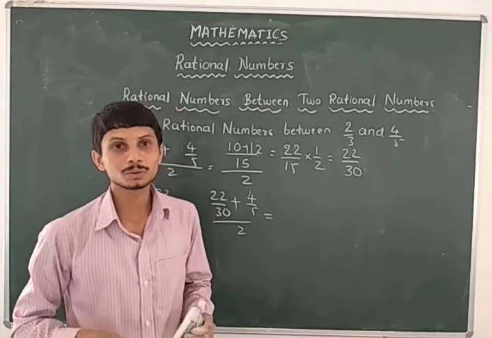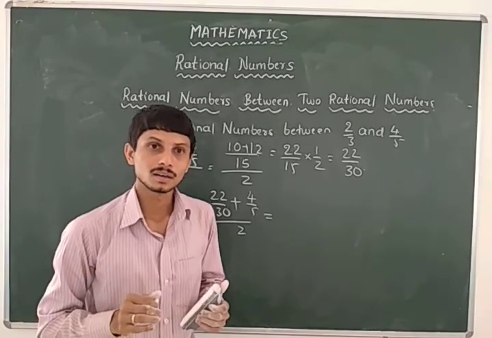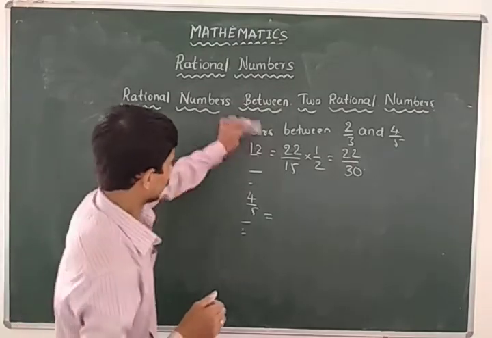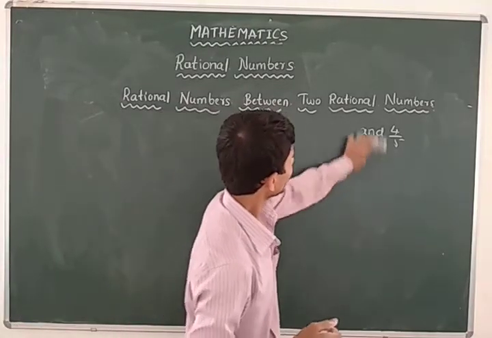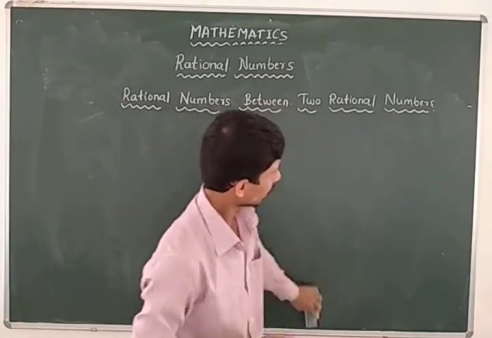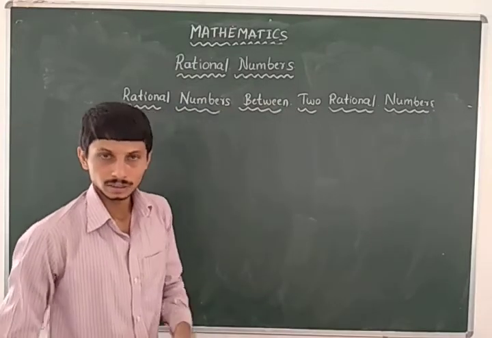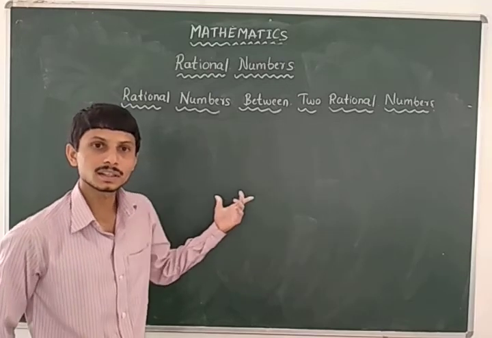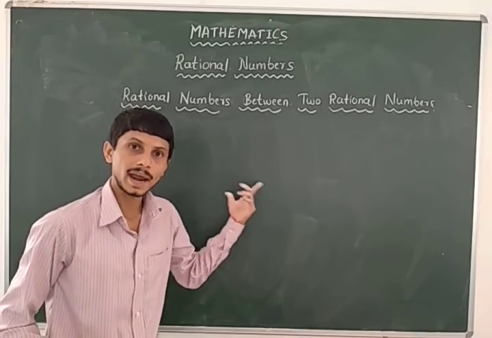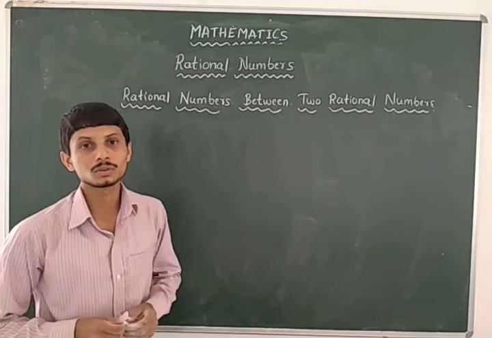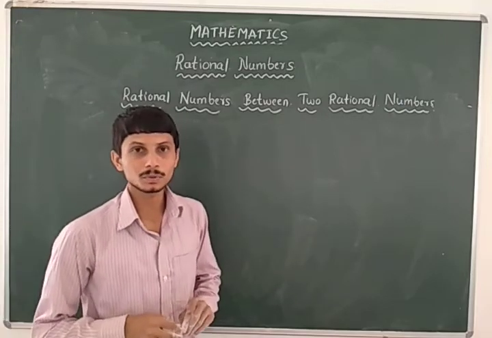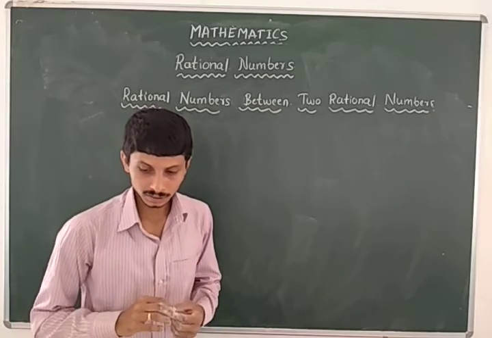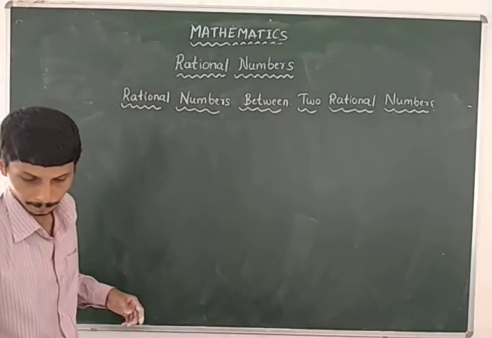So I hope you know that. You have to do some homework at home. You can take any method I have explained here, either considering the denominator, or adding and dividing by 2. Those two methods can help you while finding rational numbers between two rational numbers. Just take one example homework here.